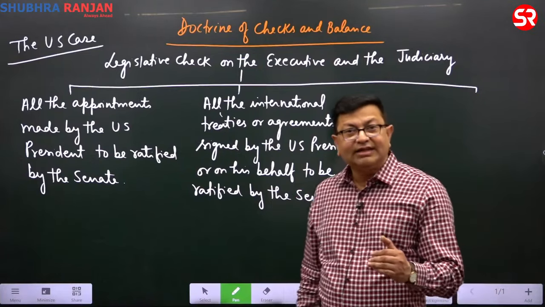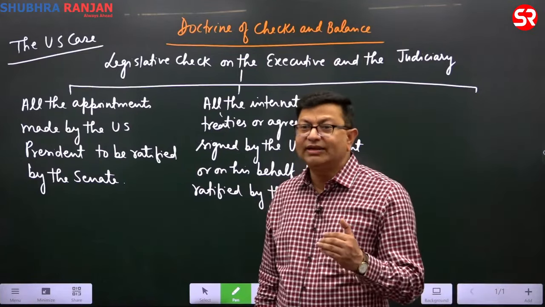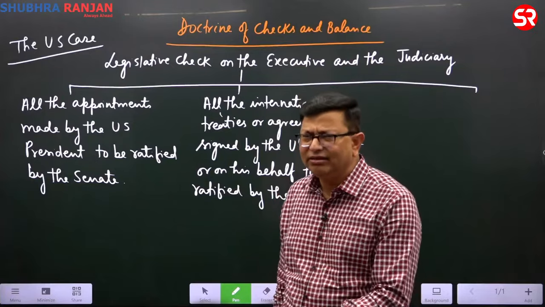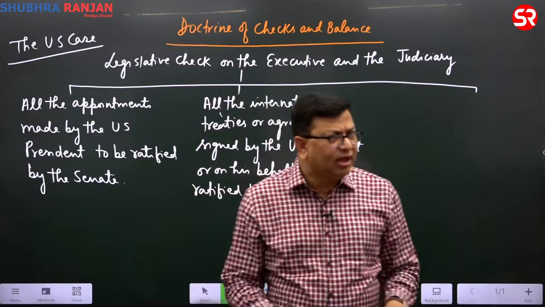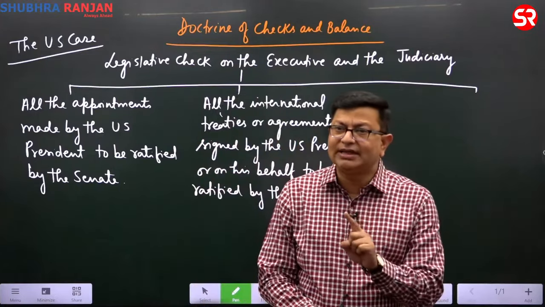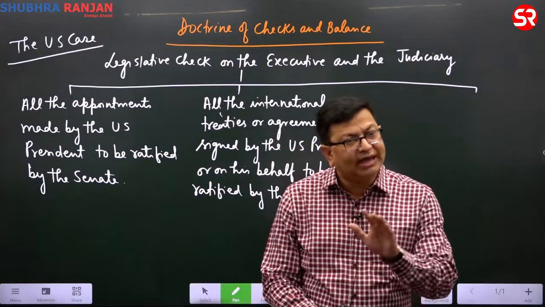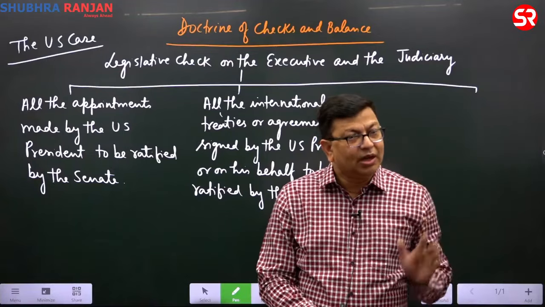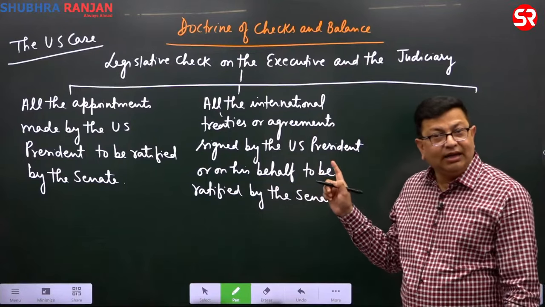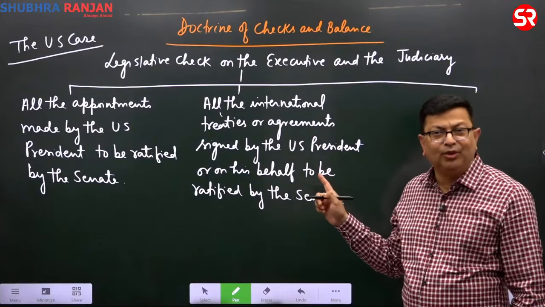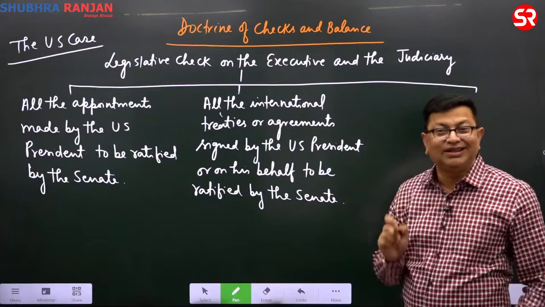Then, secondly, the Comprehensive Test Ban Treaty, CTBT. America was one of the first signatories, but it was not approved by the Senate, and it was not binding on America. So, here you see that arbitrarily an international treaty cannot be imposed on America also by the President.